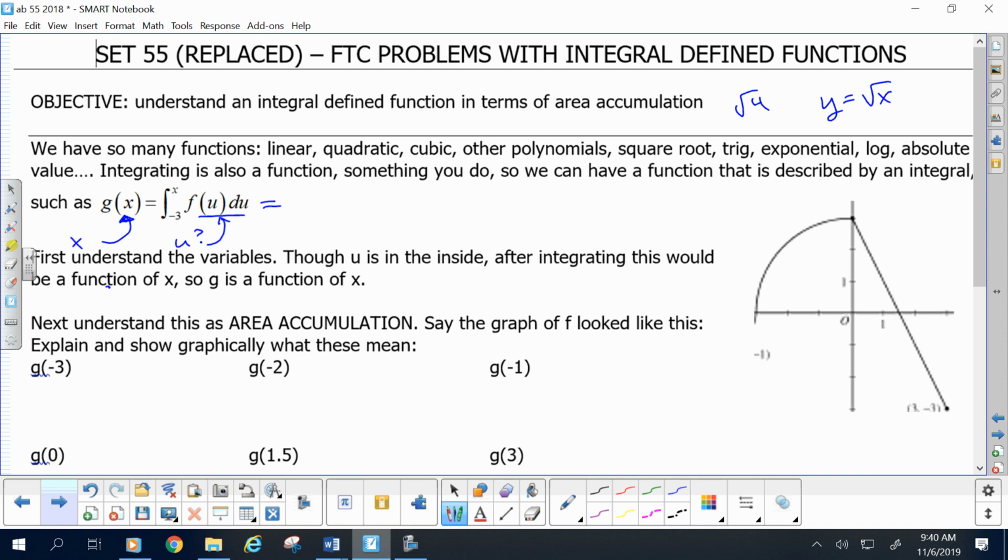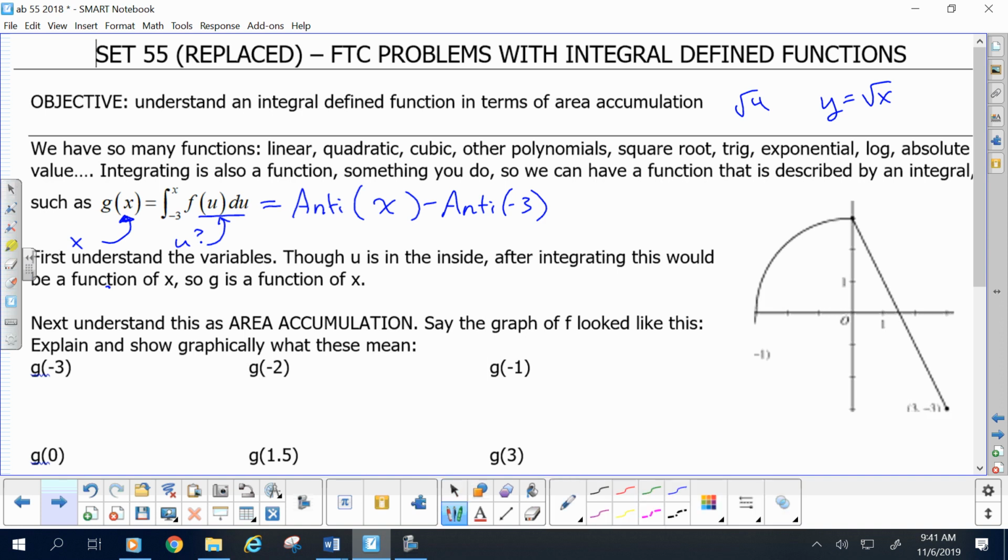When I do the fundamental theorem, I find the antiderivative and substitute in the upper limit, which would be x, and the lower limit, which is -3. So g of x is true because after I do the antiderivative with u's in it, what goes in for u is x. And so it eventually ends up as an x function.